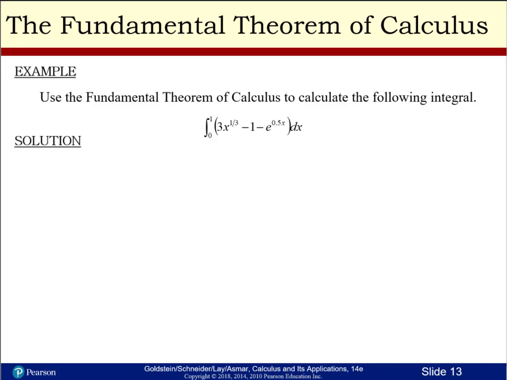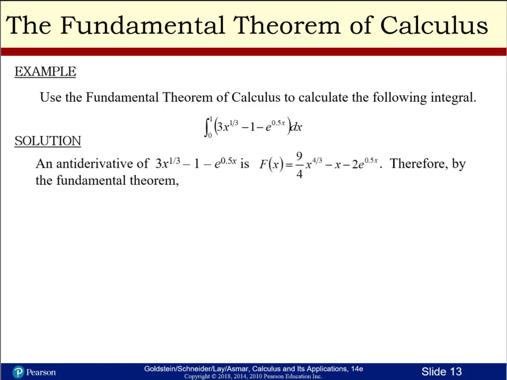So we're going to use the fundamental theorem of calculus to calculate the following integral. Now, an antiderivative of 3x to the 1/3 minus 1 minus e to the 0.5x, and we're doing this from 0 to 1, is capital F of x equals 9 over 4 x to the 4/3 minus x minus 2 e to the 0.5x.